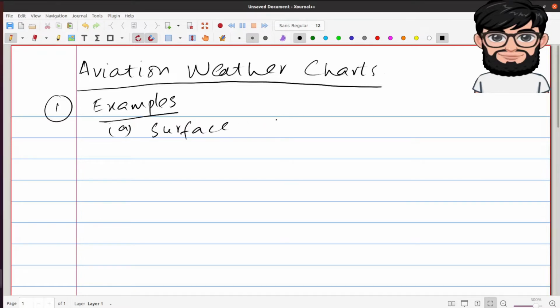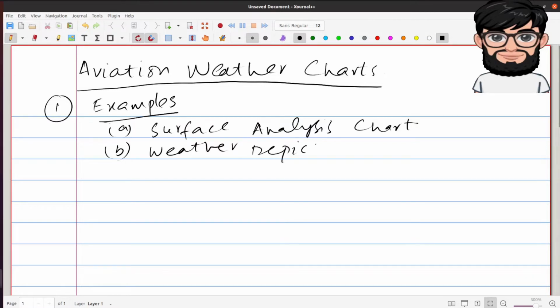Surface analysis chart, then we have weather depiction chart. Then we have a short range surface prognostic chart.